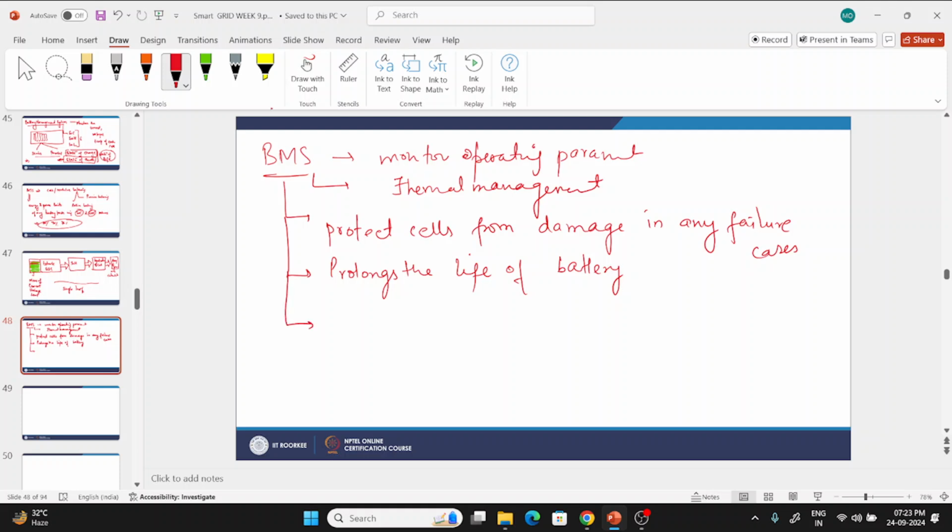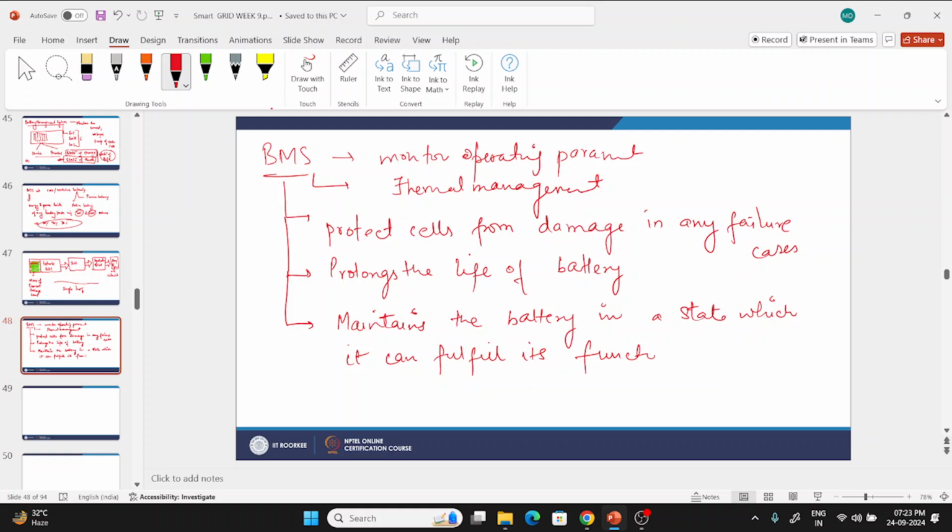It also maintains the battery in a state in which it can fulfill its functional requirements.